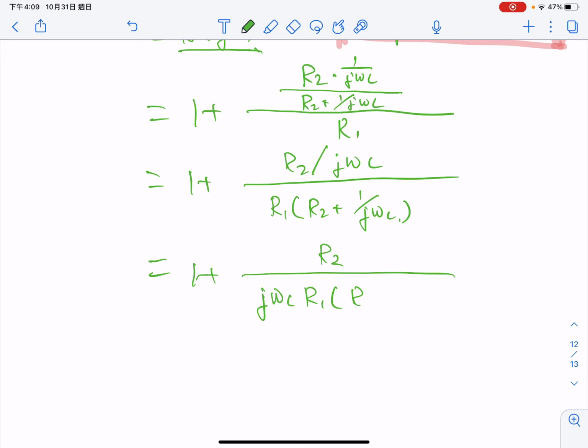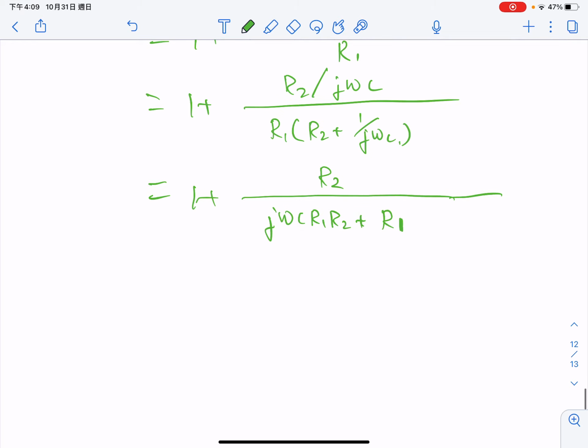This one will be j omega C R1 R2 plus R1, right? Okay, that's the transfer function.